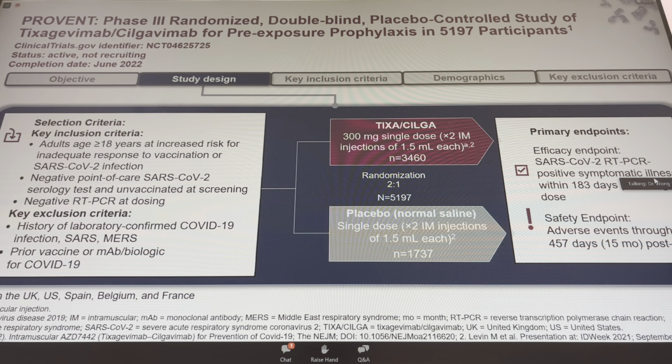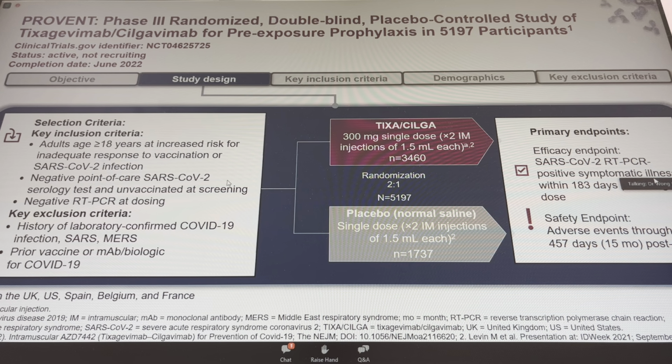So for the study design, it's important for me to highlight a few things in terms of key inclusion and key exclusion criteria. The inclusion criteria in the trial, which was completed last year, focused on adults 18 years and above who have an inadequate response to vaccination, and at the time of enrollment they must have a negative point of care test for COVID-19 infection.